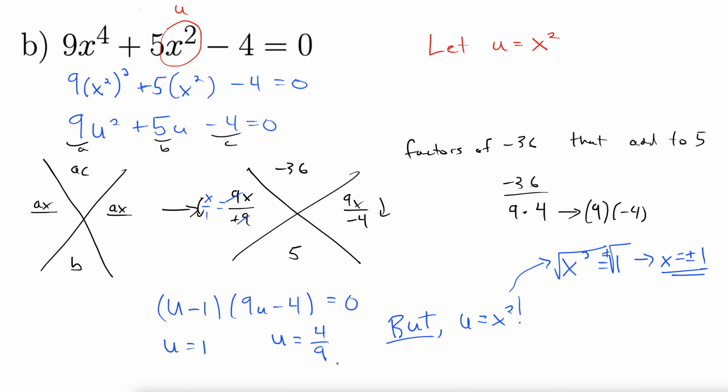All right, and then we also have u is 4/9, so that gives us x squared equals 4/9. Square root both sides. Tack on a plus or minus. That gives us x equals plus or minus 2/3. All right. 4 answers to that one, plus or minus 1, plus or minus 2/3.